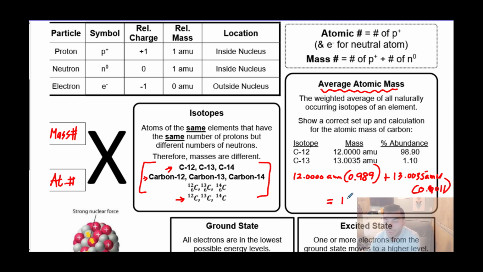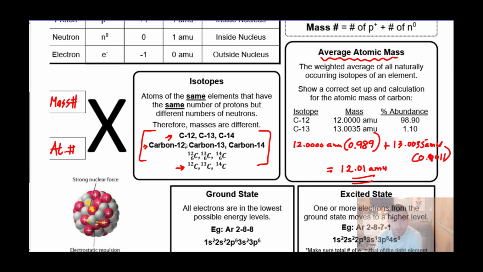If we calculate, we should get about 12.01 AMU. And this answer makes sense to us because, remember, it's a weighted average. So the average atomic mass is going to lean closer to the isotope that is more abundant. It's going to weigh heavier to the average atomic mass. So it makes sense there with the data that we were given.